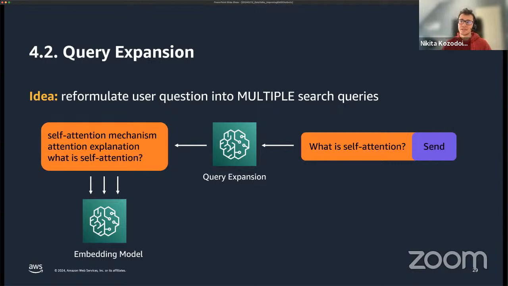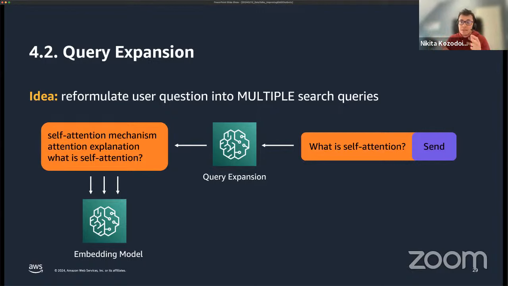And it can be self-attention mechanism, attention explanation, what is self-attention? So it can be different alternative ways of formulating the same question, but they are a little bit different. So the embedding values of each of those queries would be a little different from each other. And then we can just execute those search queries one by one. Or, I mean, we can do this, of course, in parallel and find the most relevant chunk to each of those queries instead of just doing one of them.